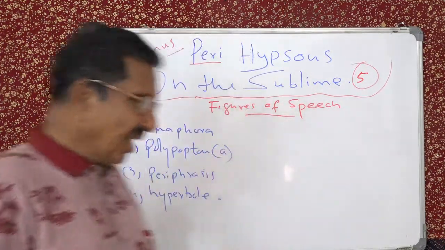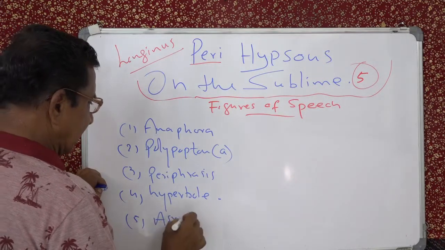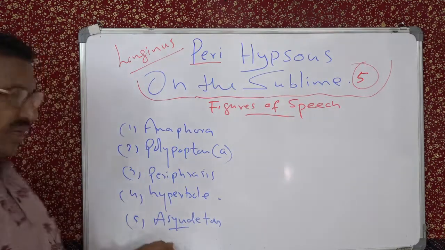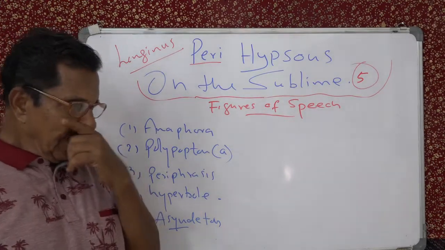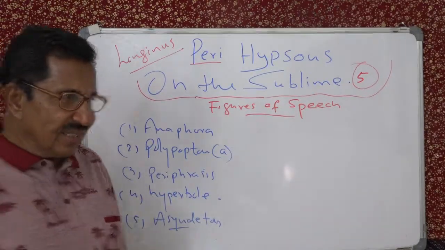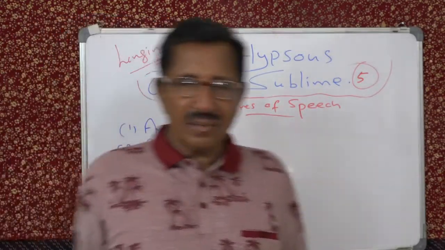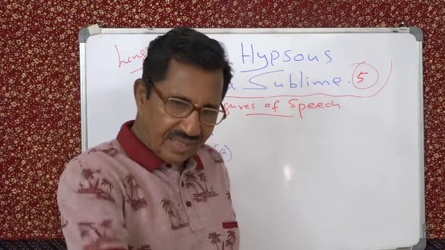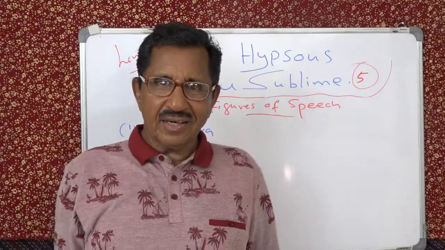The fifth one is asyndeton. Here, syn means put together and a means no. So it means not putting together: there are no connectives, no links, omission of connectives. We can see sometimes great speakers say, we have provided you with clothes, with jobs, with homes, continuously.